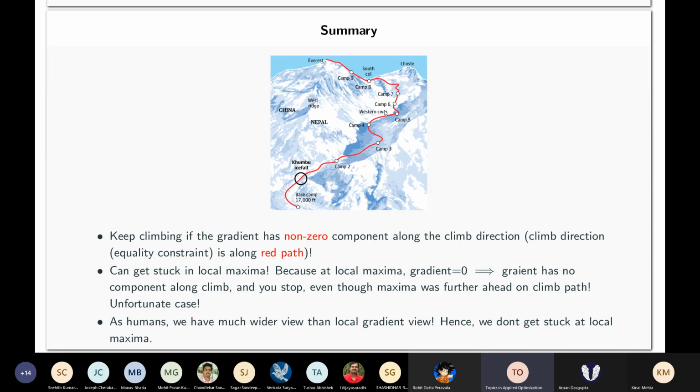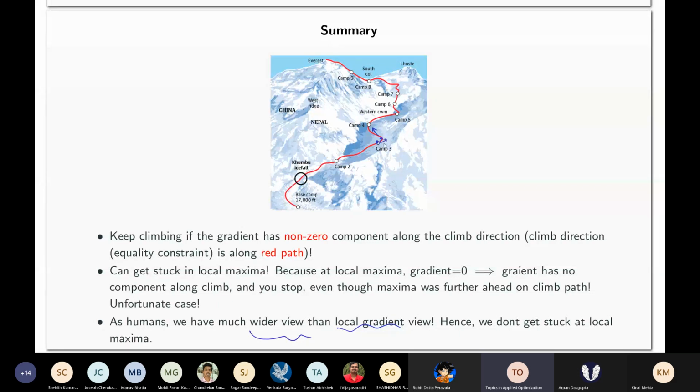So as humans, we have a much wider view than the local. So you can say that gradient methods are maybe even a little bit more dumb than human beings, in the sense that our eyes can somewhat see the gradient farther away. Like I see that there is a higher steep here, and there is a steep, but not that much.